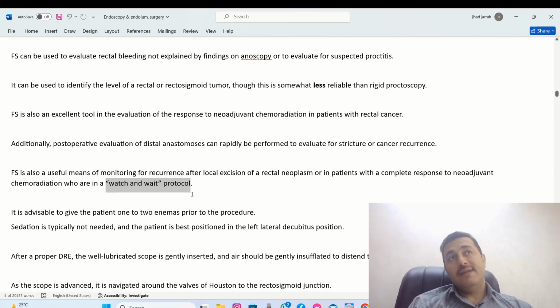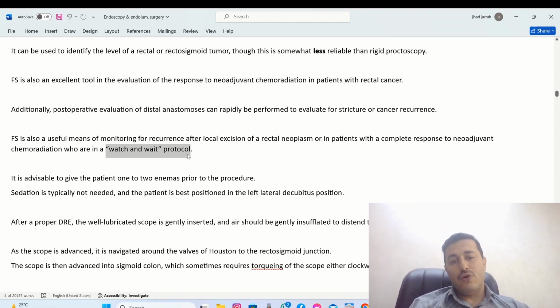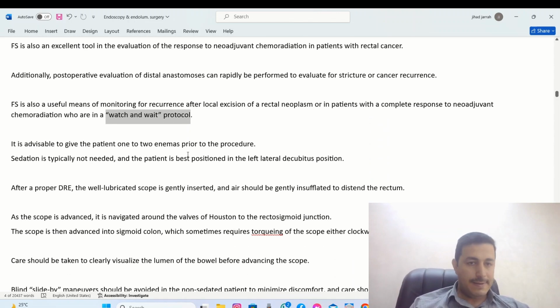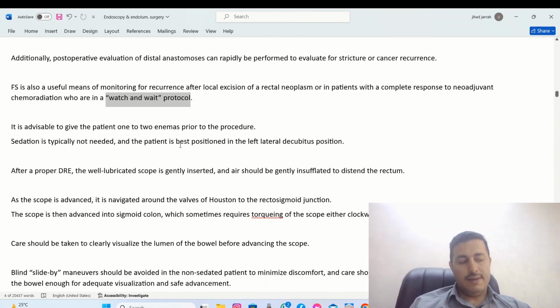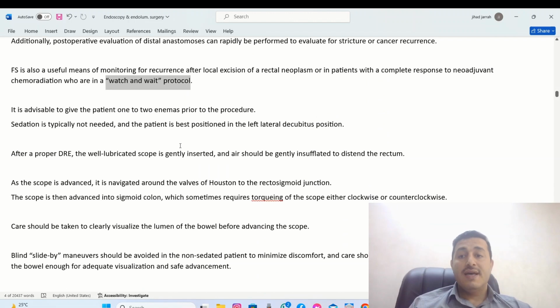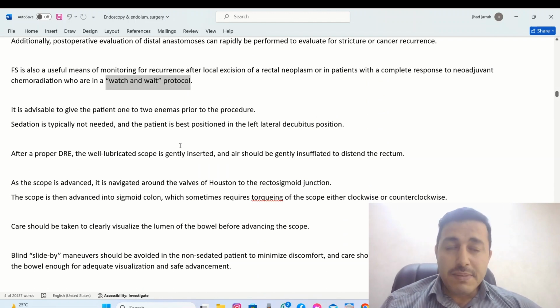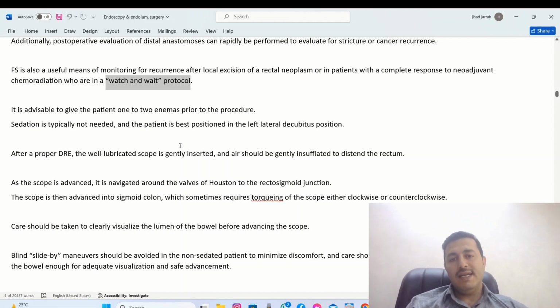Again, if we did surgery and we want to determine the rectal recurrence, it's good for determining the rectal recurrence. In flexible sigmoidoscopy, actually, enemas is required.